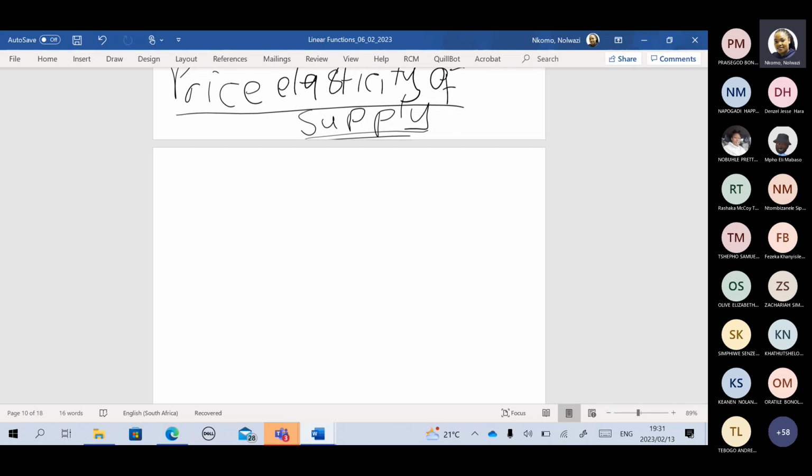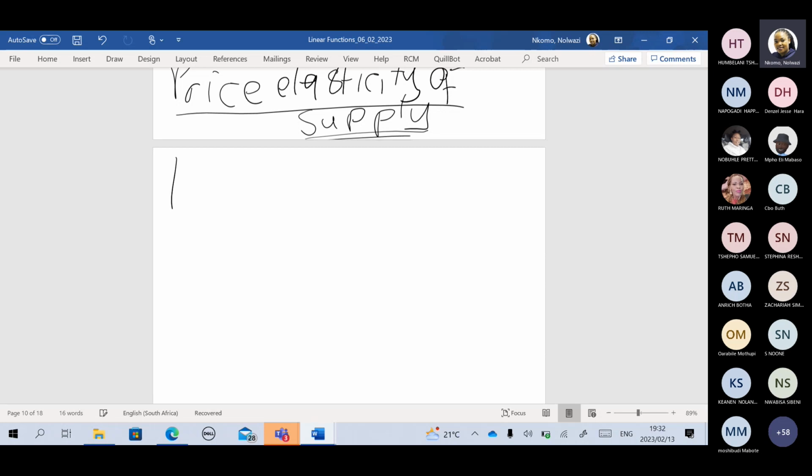Yes, ma'am. I just want clarification on the answer, especially when you are explaining the absolute elasticity. When you get the answer, it is negative, but when you explain it, it is positive. Is that how we should do it?